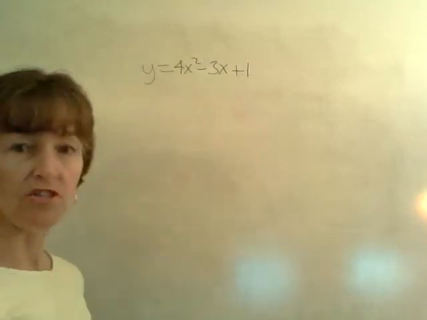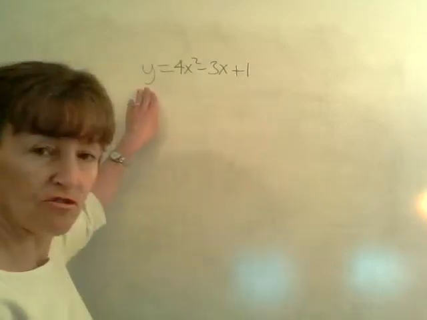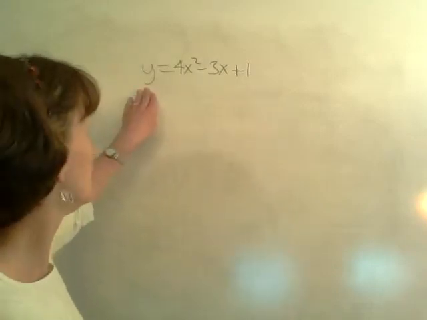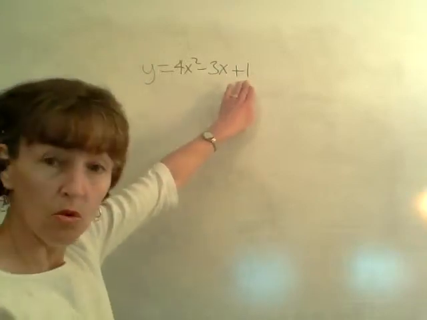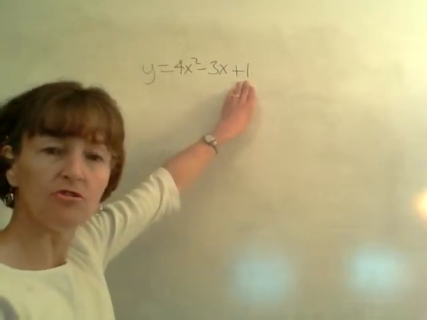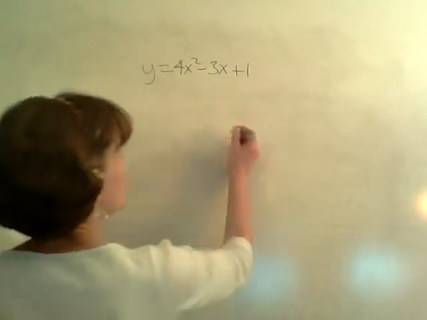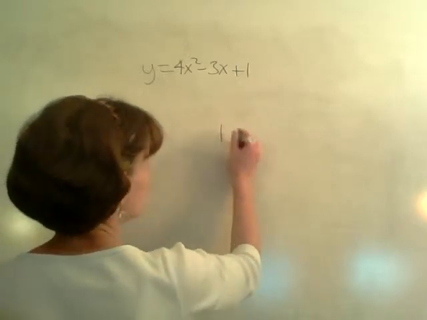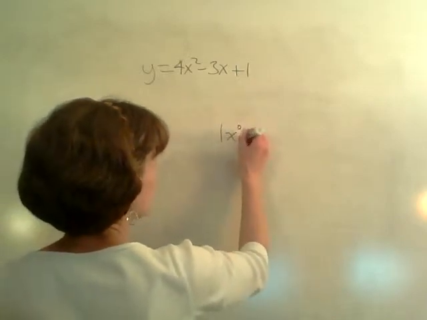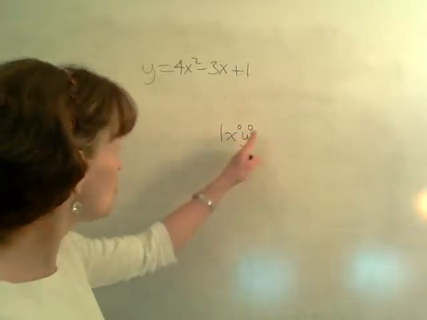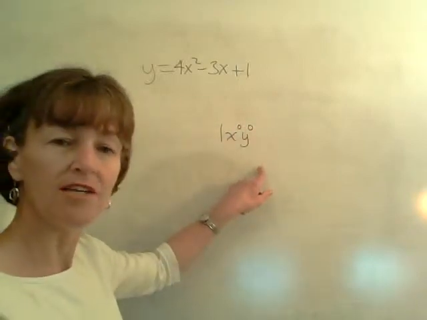Now in this equation, you see that y is to the first degree. That's fine. 3x is to the first degree. 1 is to the 0 degree. Constants are to the 0 degree. Remember that a constant, no matter what the number, can have any number of variables sitting next to it, but they must all be raised to the 0 degree. Why is that?